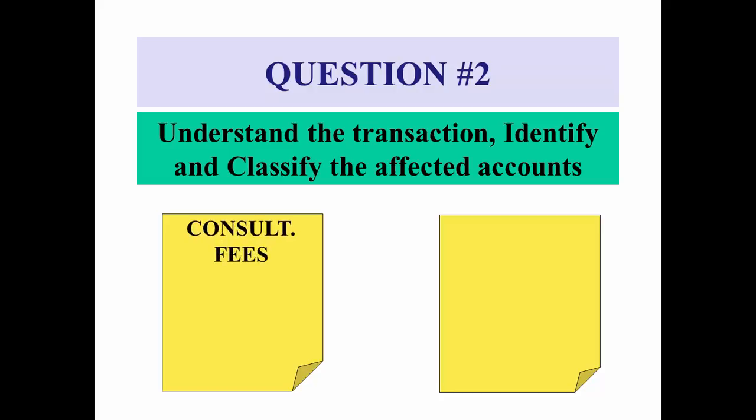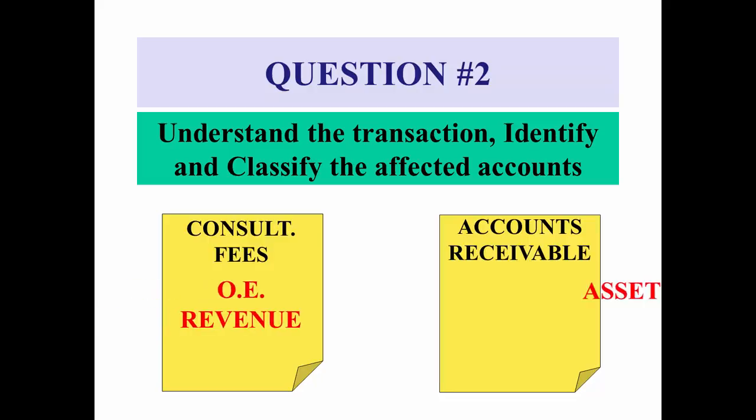Okay, we sold services, so we're going to use the account called consulting fee. We did not receive cash in this thing. We received the fact that customers owe us. And when customers owe us, we use the account called accounts receivable because we're going to receive the money in the future.